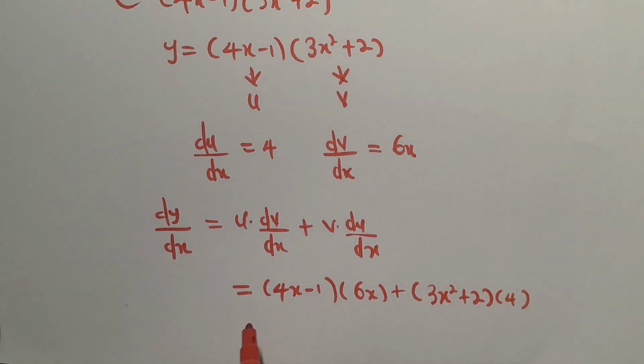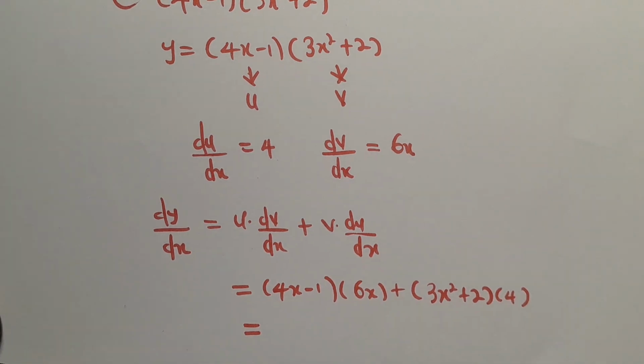So by opening the bracket, 6x multiplied by 4x will be 24x squared. 6x multiplied by minus 1 will be minus 6x.